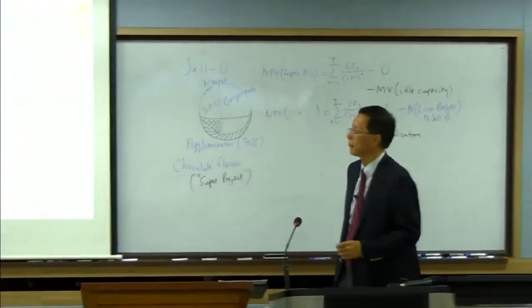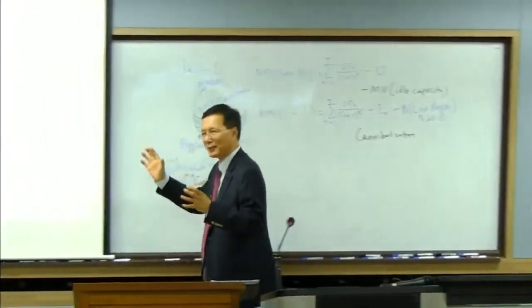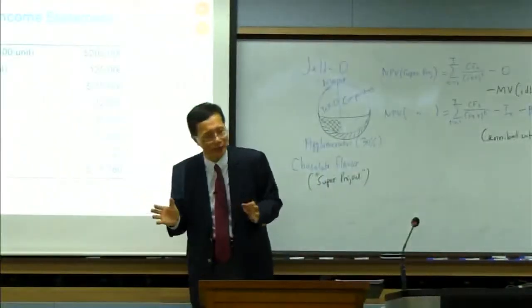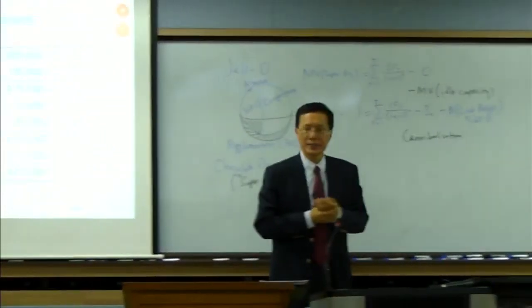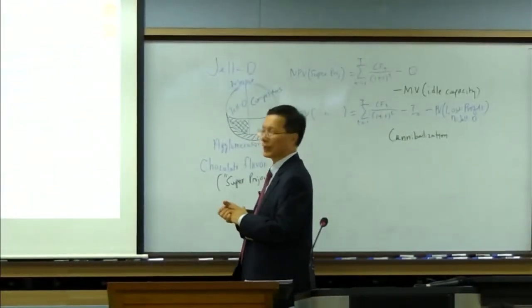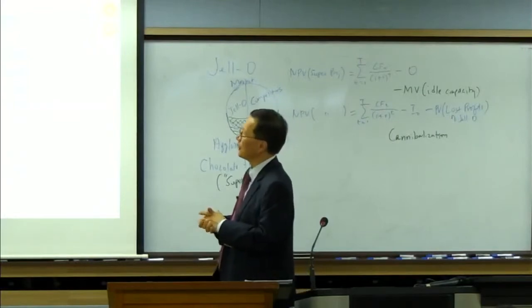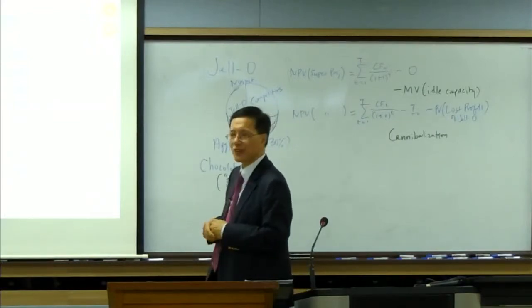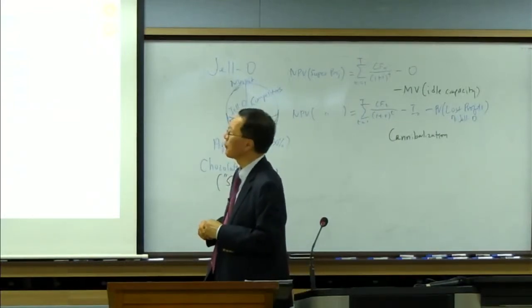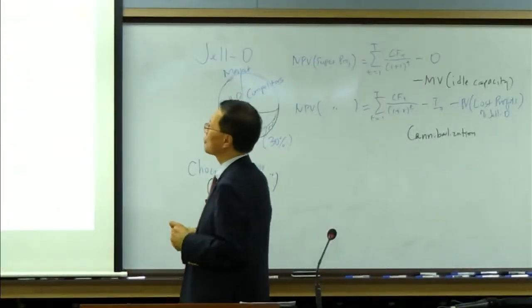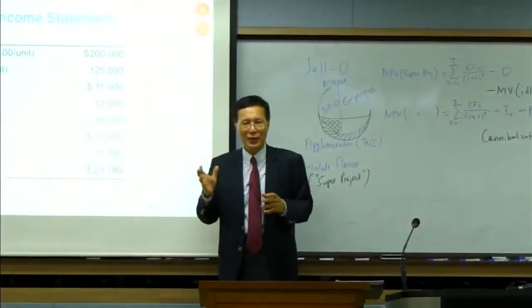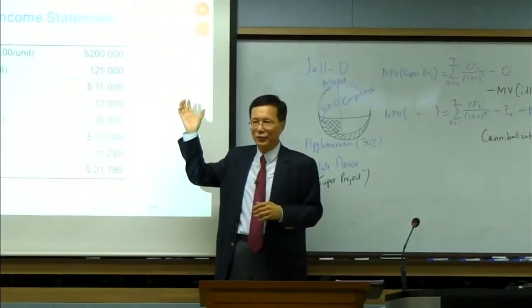Here's an example. I want you to walk with me line by line and page by page. Suppose here's a company. Sales are $200,000. The company sells 50,000 units per year, and each unit is currently selling for $4. So 200,000 is net sales.